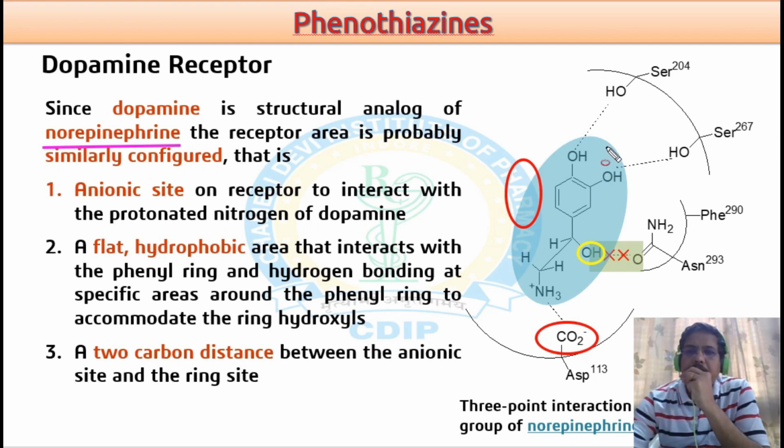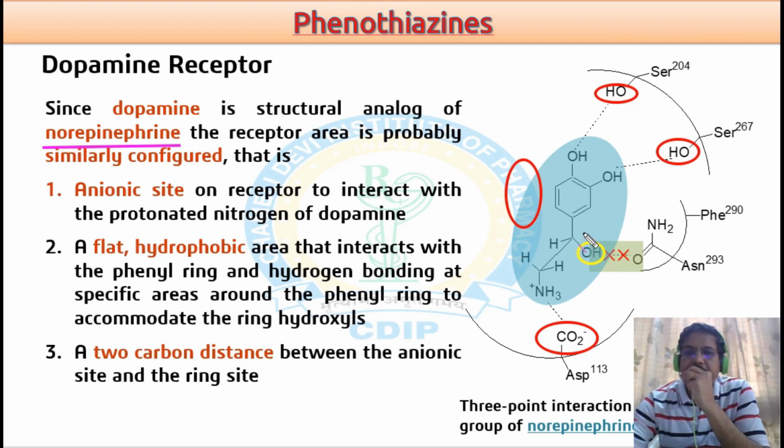Apart from that, this hydroxy group which is present in dopamine or norepinephrine goes for hydrogen bonding on the hot spot which is located in the receptor.